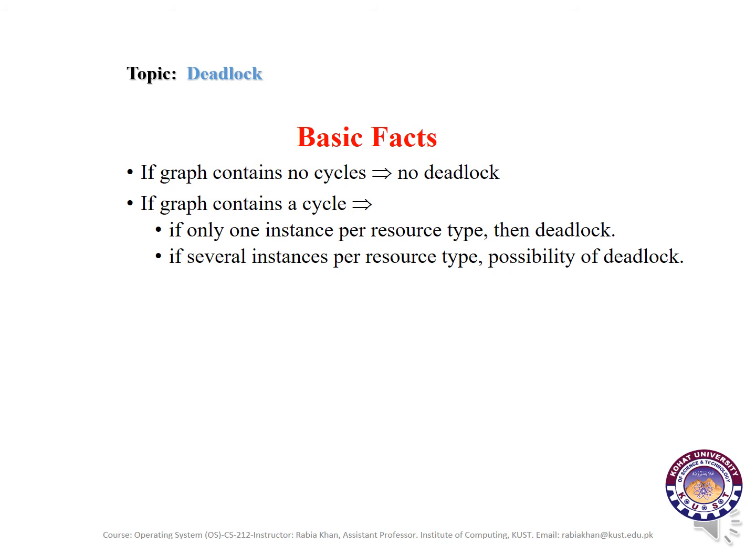If only a single instance of each resource exists and you detect a cycle, then this is a definite deadlock situation. But if more than one instance of resources exists, then there is only a possibility of deadlock.